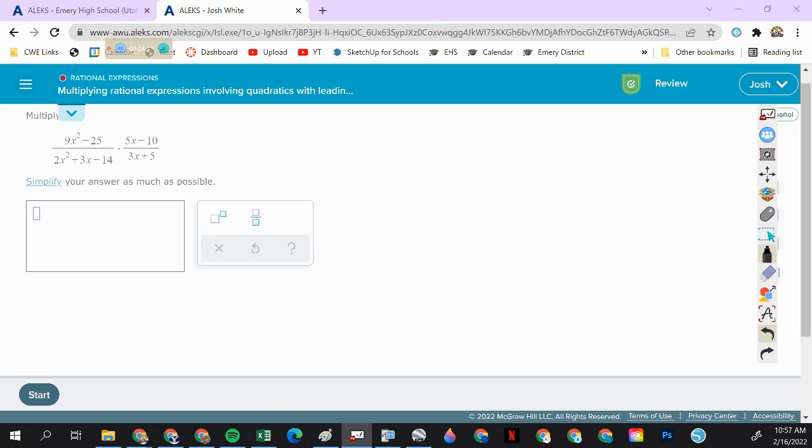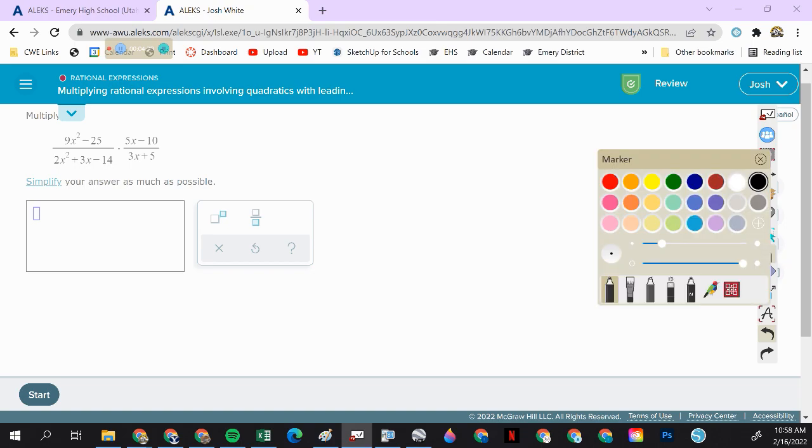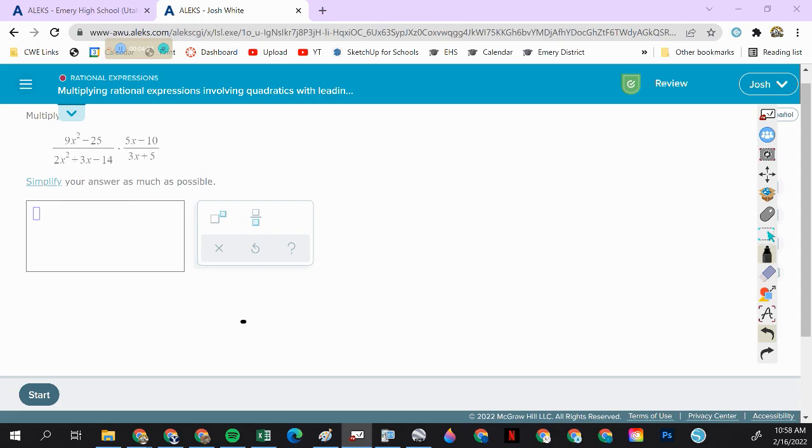They're both squares, so it factors into conjugates. What times itself is 9x squared? 3x. And what times itself is, sorry, 25? So it's going to be 3x minus 5 and 3x plus 5. And then I will pull a 5 out of the last piece.